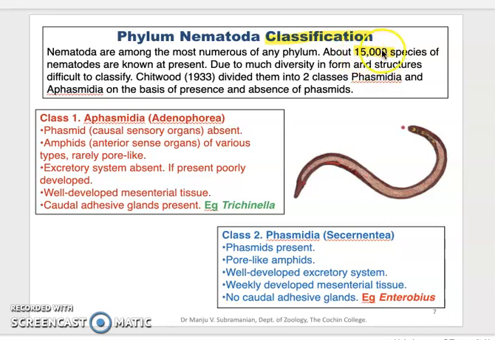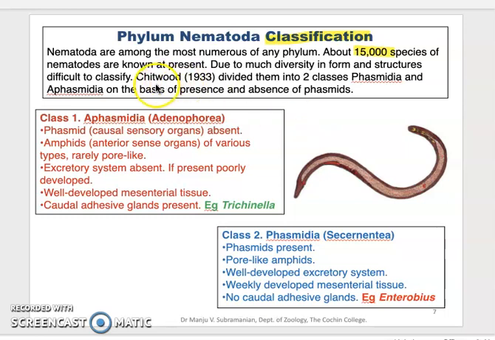It's clearly said that around 15,000 species are mainly parasitic forms. There are more than 80,000 nematode worms, or still more can be identified.